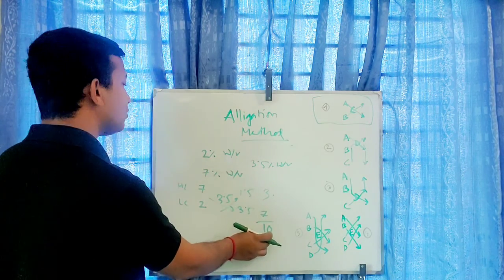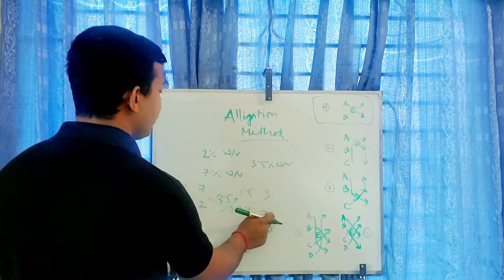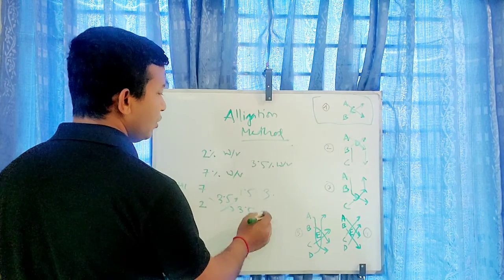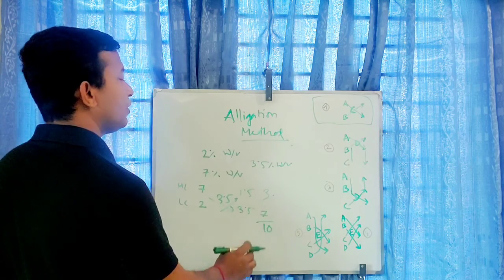Within the 10 parts of solution, 3 parts will be from the 7% solution and 7 parts will be from the 2% solution. That is the basic funda we need to understand. We also have to understand that we can get the total amounts from here as well.